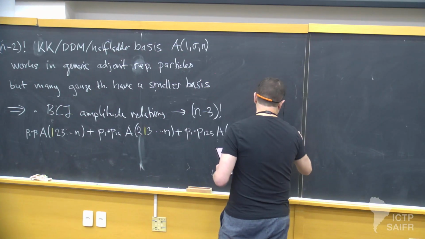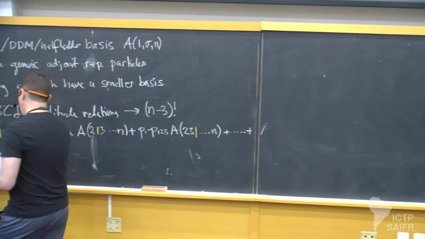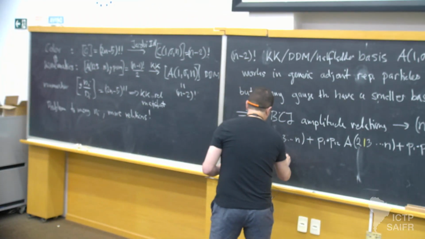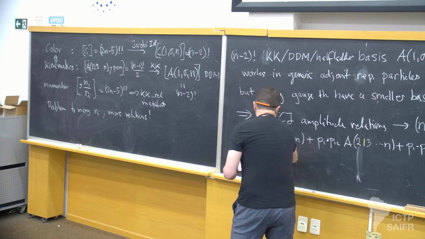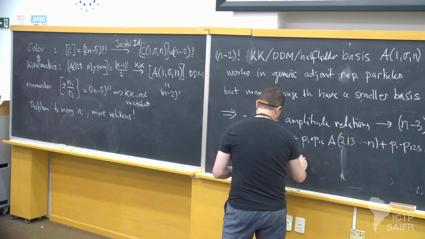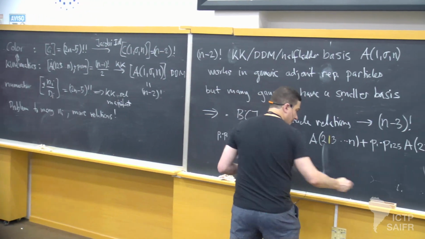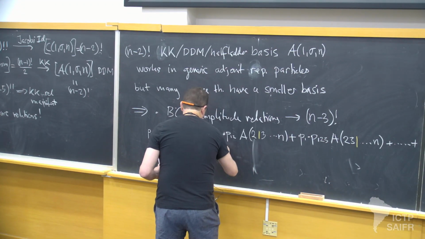And then there's a bunch more such terms until you reach the last one, A(2,3,...,1,n), where we put it right before the last leg, 1 and n.